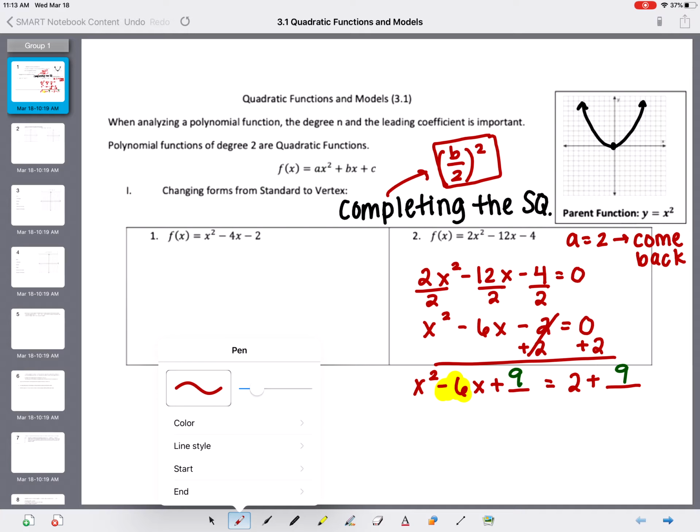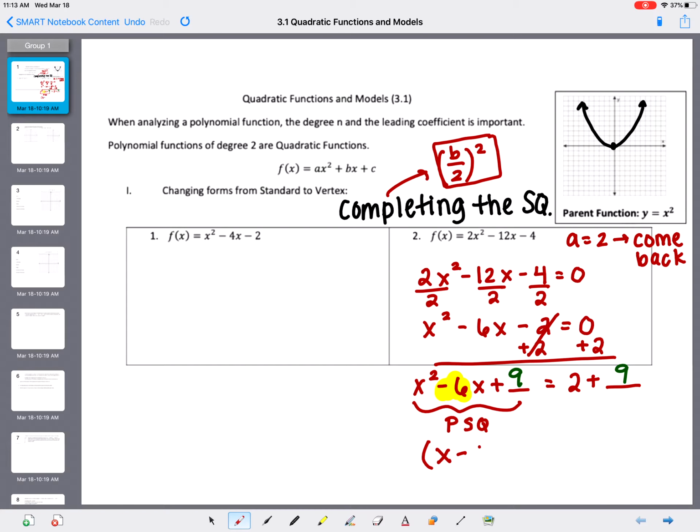Now, when I go and factor this, the left-hand side is called a perfect square trinomial, so factoring it should be fairly easy. Just take b and divide it by 2. This will give me -3, because -6 divided by 2 is -3. On the right-hand side, just combine like terms.